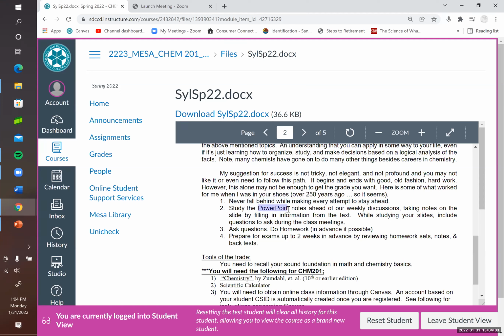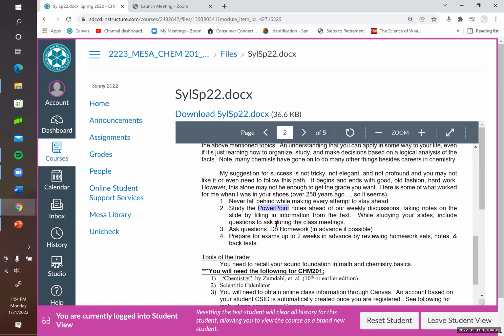If you don't understand something, it's nice to have that PowerPoint to zone in on what you don't understand. So when we go over it in our discussion, you can ask questions, either in Zoom or in 2 weeks when we meet in person.